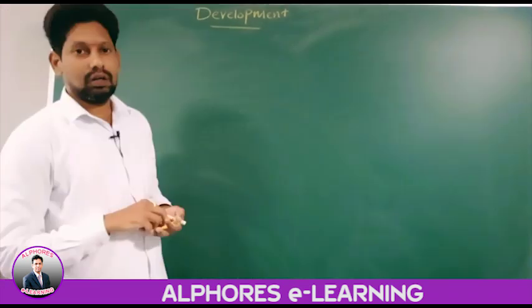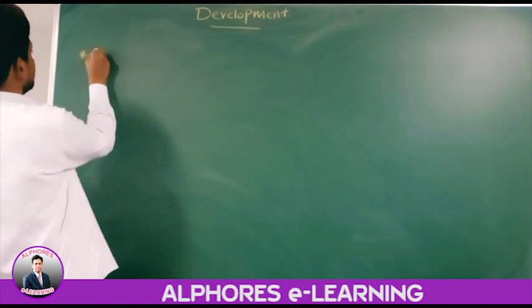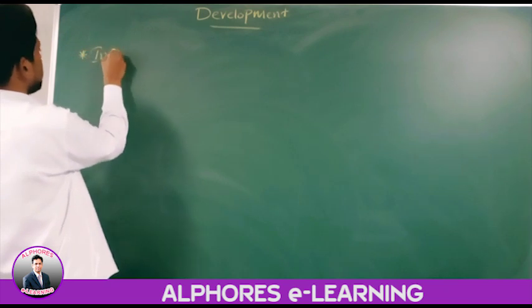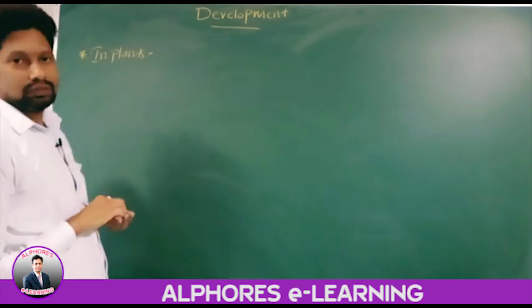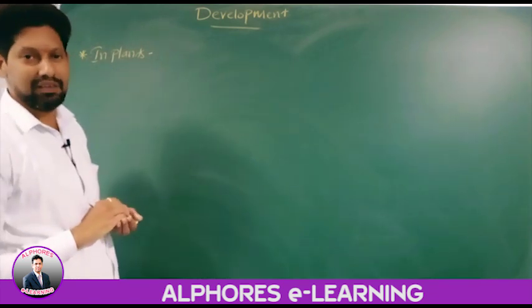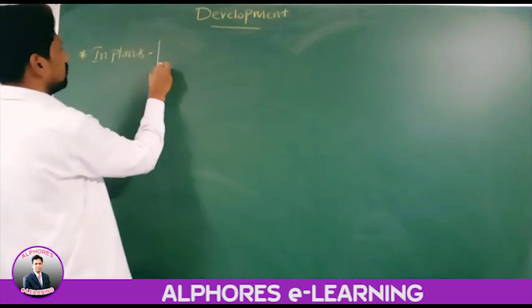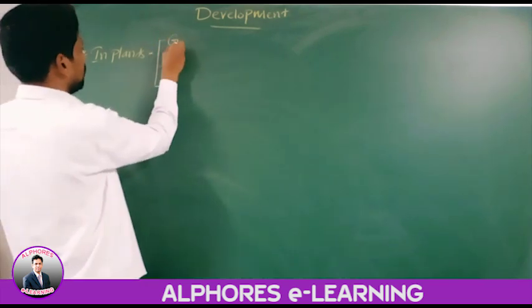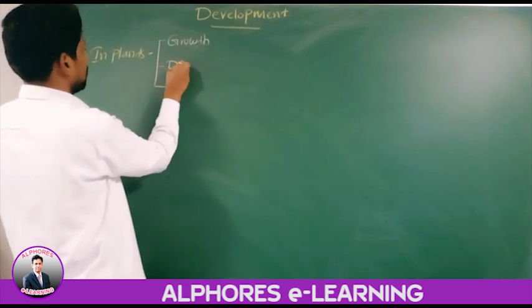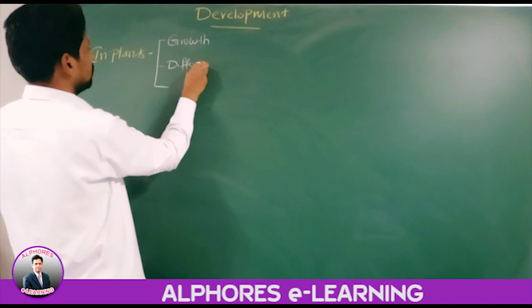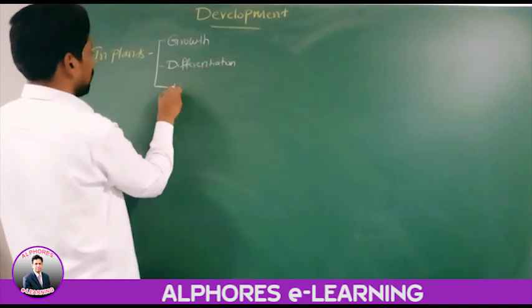Right? Now, listen here. In plants, growth, differentiation and development are closely related events. What? Growth, differentiation, what more? Development.